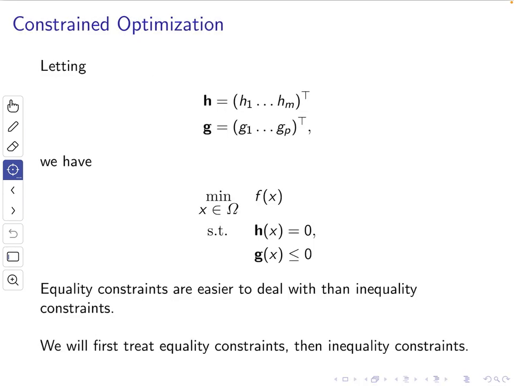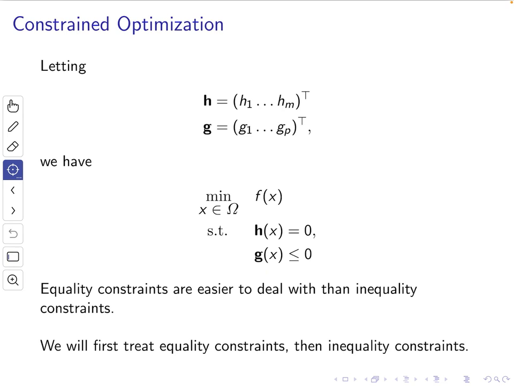Since it's awkward to write everything out, we collect all of the equality constraints in h and all of the inequality constraints in g, and we write our general optimization problem like this: minimize f of x such that h of x equals 0 and g of x is less than or equal to 0.